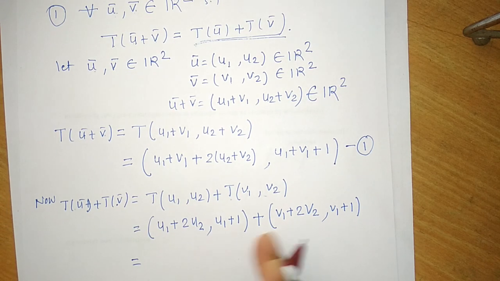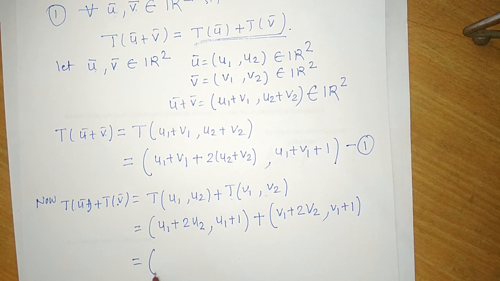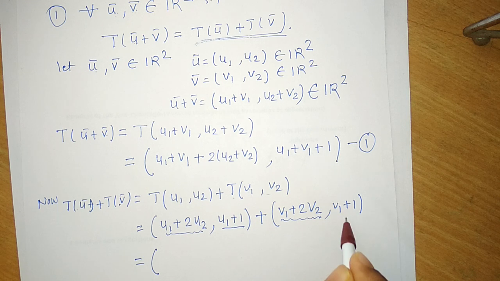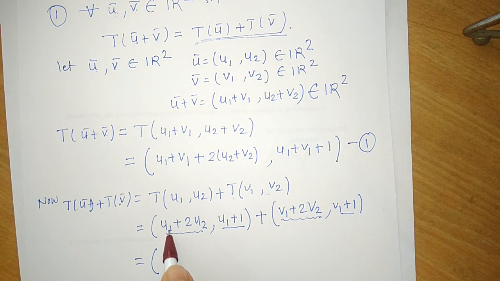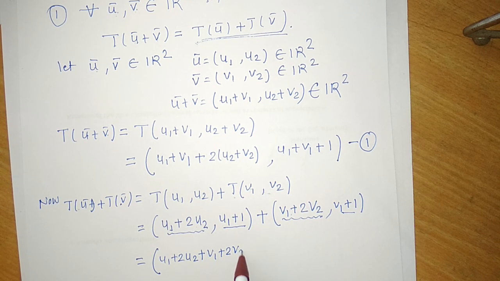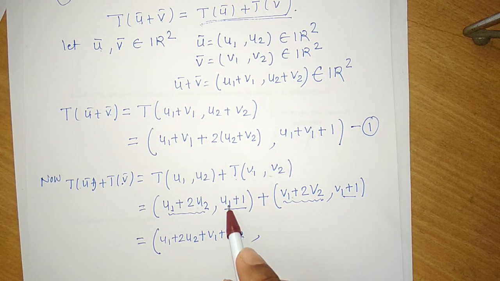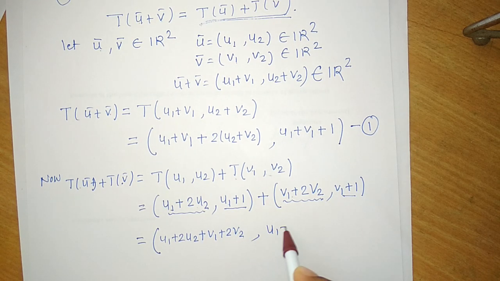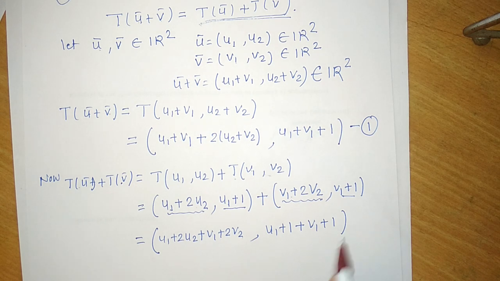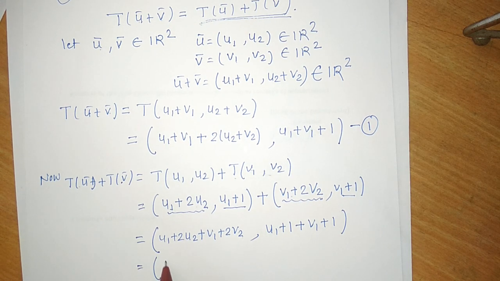Now we add these two vectors, component by component: u1 plus 2 times u2 plus v1 plus 2 times v2, and second, u1 plus 1 plus v1 plus 1.